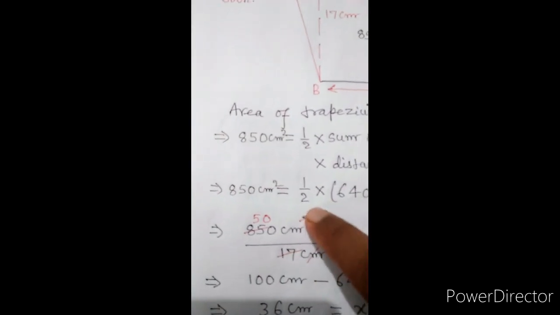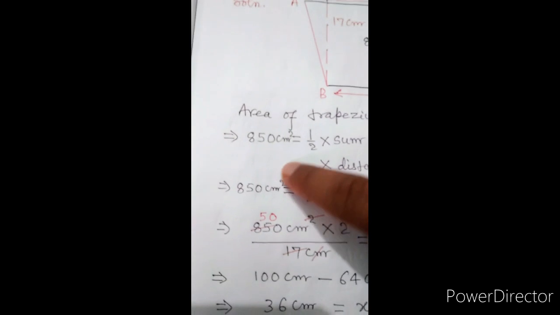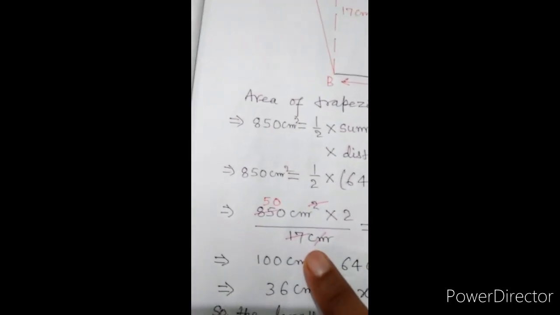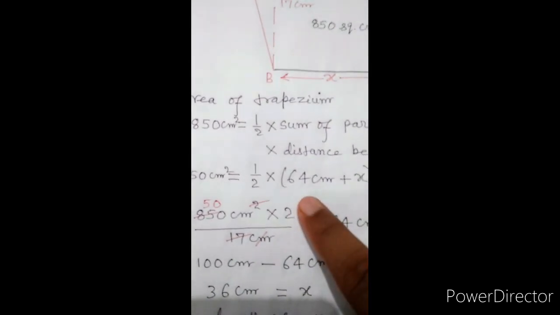Now calculate. This is in division. Transpose it, then it will be in multiplication. 2 is in multiplication. Transpose it, then it will divide on the other side. Now calculate it. And 64 cm plus X will remain as it is.